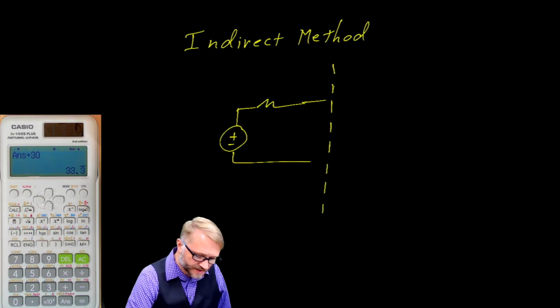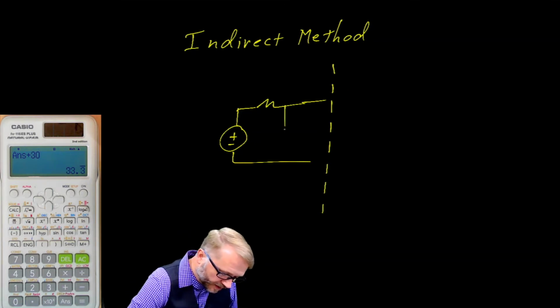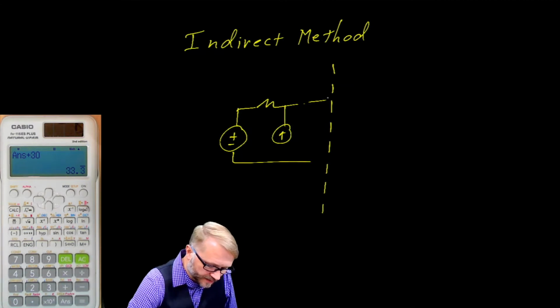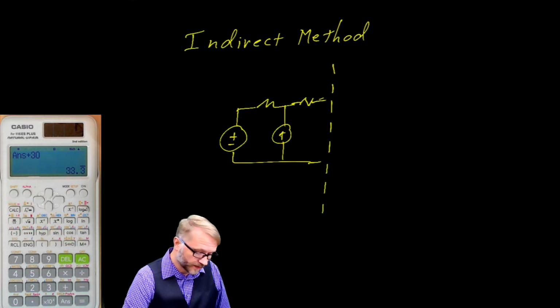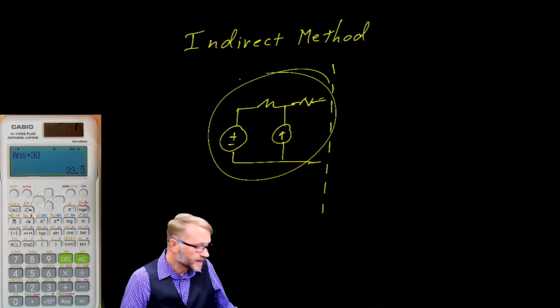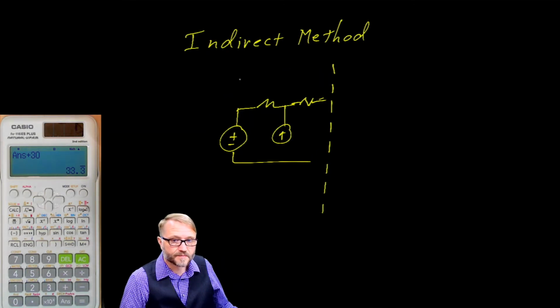So maybe it looks like that, but for all you know, there could be a current source in there, there could be a resistor in there, there could be many different things in there. You don't know because you don't have access to the internals, right? You cannot observe what that is.